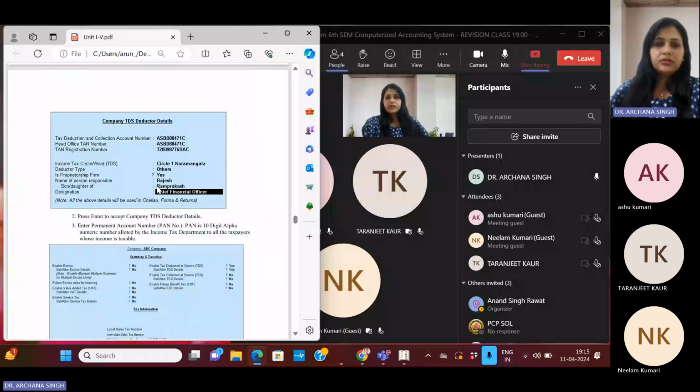Then related to surcharge details, like TDS surcharge, if you have opted that option as yes, and you had put the rate of surcharge, for example 2% or 10%, then this surcharge details will also be available. Information is available, whether what is the residential status of that person, deductee status, then applicability date, किस दिन से applicable है, surcharge rate क्या है.